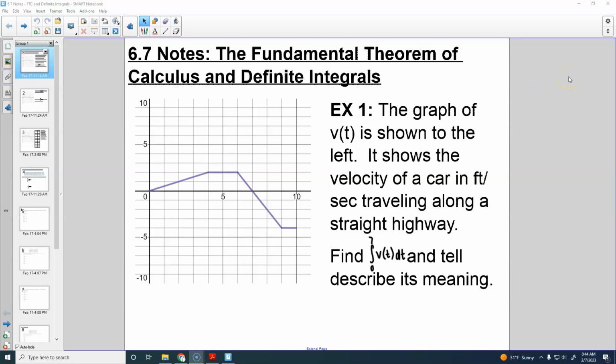Okay, so we're going to start today looking at how the fundamental theorem of calculus is going to relate to definite integrals, because we have looked at indefinite integration, where we integrated and put the plus c on the end, which technically I would not do until after this section if I had not been doing things out of order, because I was trying to leave easy stuff for you.